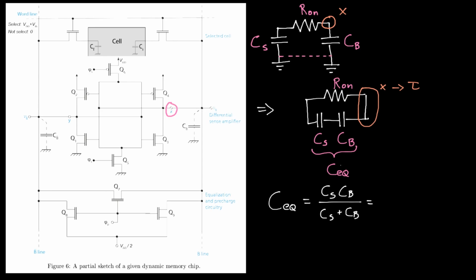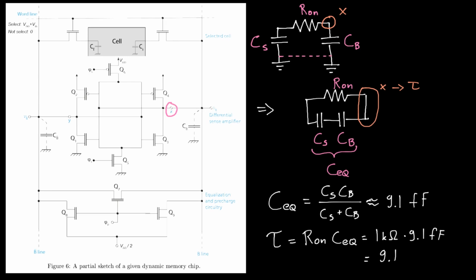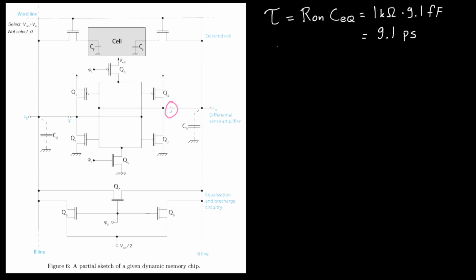If we fill in the given values of 10 femtofarads for CS and 100 femtofarads for CB, that gives us approximately 9.1 femtofarads for this equivalent capacitor. We can then compute the time constant as R-on times our equivalent capacitance, which is 1 kilo-ohm times 9.1 femtofarads, and that is 9.1 picoseconds.